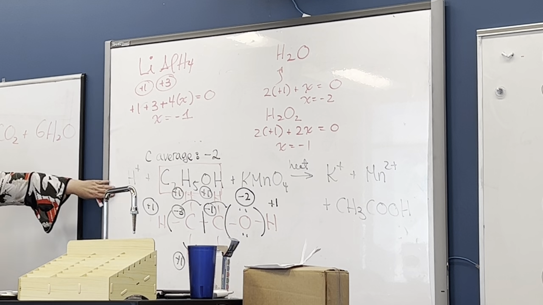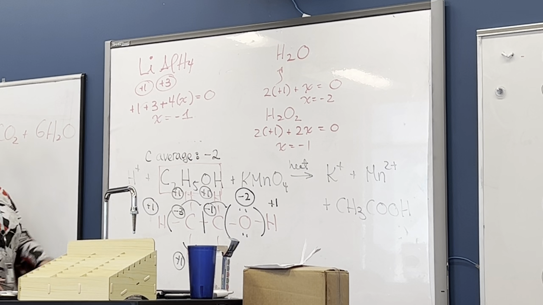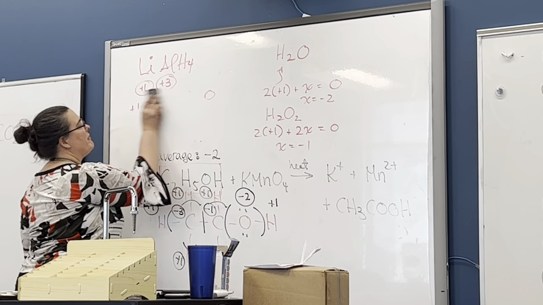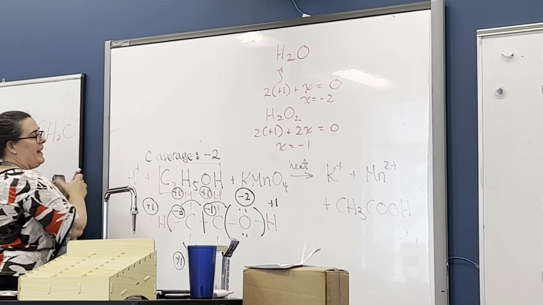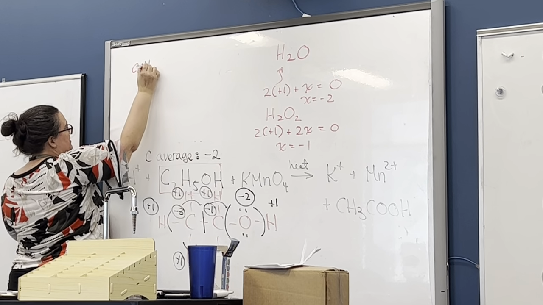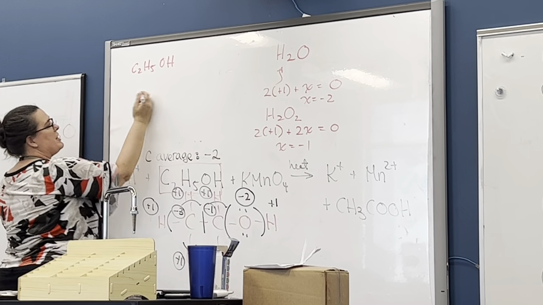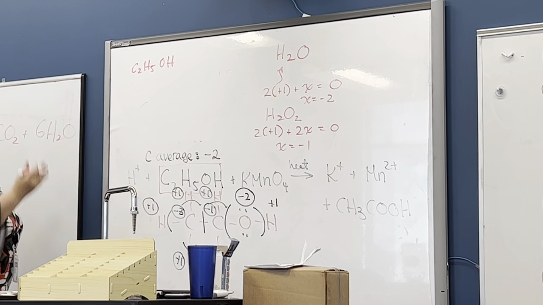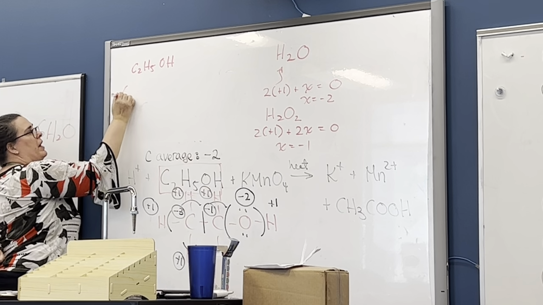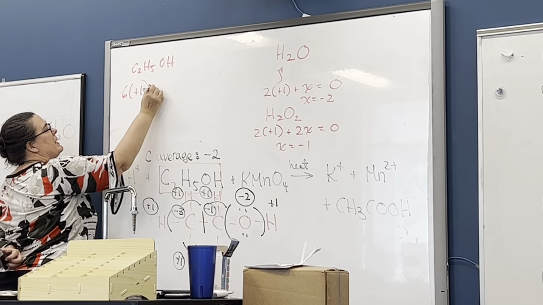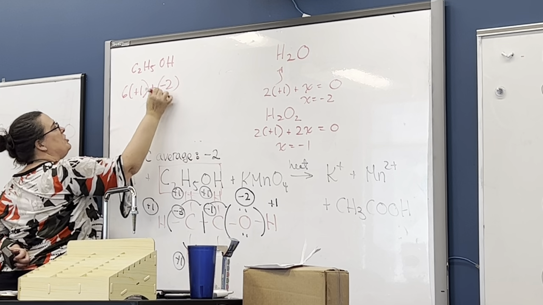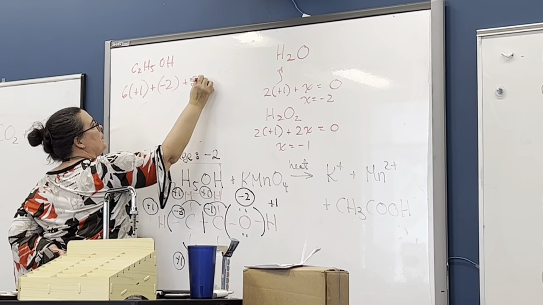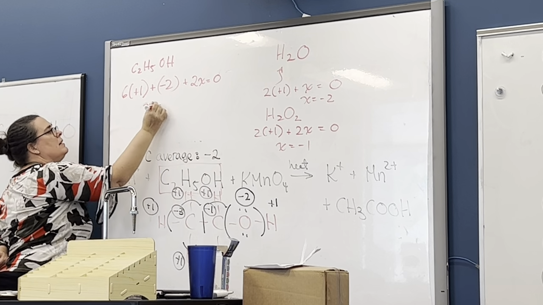So let's go back to the alcohol. You see how I carefully didn't erase this, even though it would have been very convenient. And let's say, what if we had not drawn the Lewis structure and we had just tried to apply these rules? The first rule I'm going to get to is hydrogen is 1. The second rule I'm going to get to is oxygen is -2. I don't have a rule for carbon because it does what it wants.